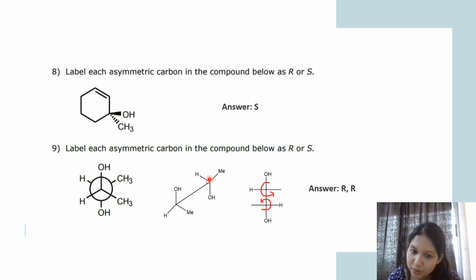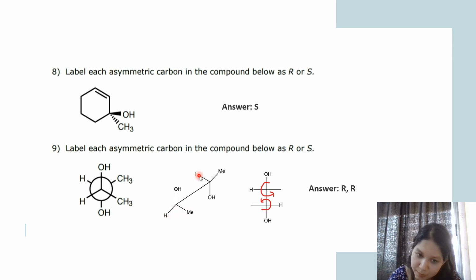and let us look at the hydrogen and methyl now. This hydrogen on rotating by 180 degrees comes here, and this methyl on rotating will come here. Okay, this methyl becomes parallel to this hydrogen.